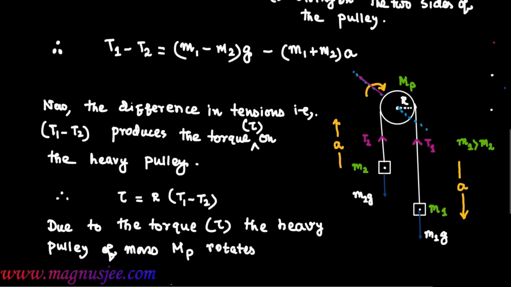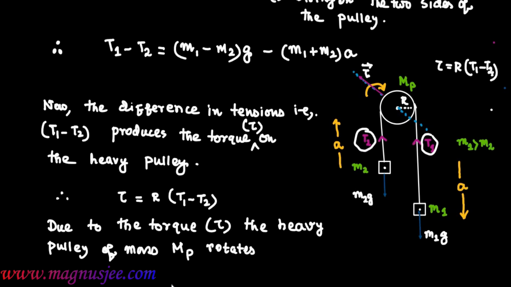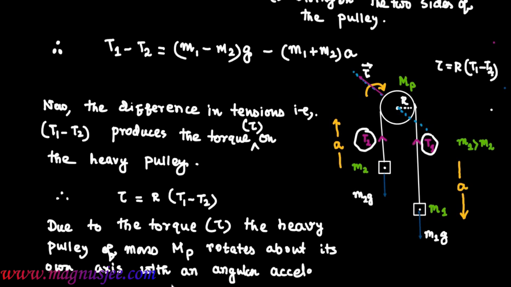The torque acting on the pulley acts along the axis. This is the torque vector tau, which acts along the axis and inwards, and torque tau is r times (T1 minus T2). T1 and T2 are the tensions acting in the string connected to the bodies m1 and m2. The pulley rotates about its own axis with an angular acceleration alpha.